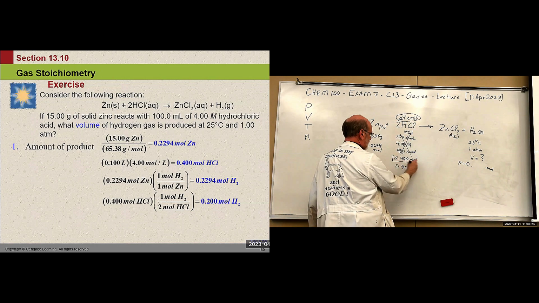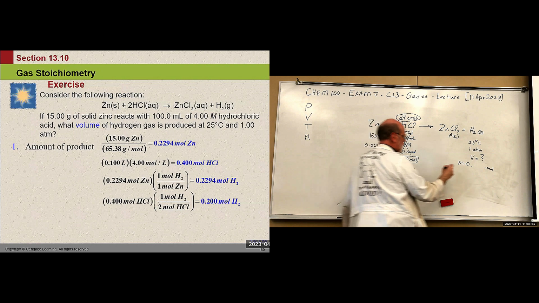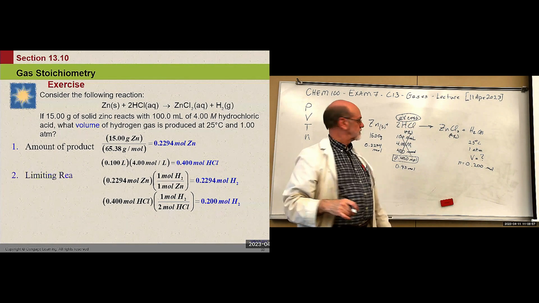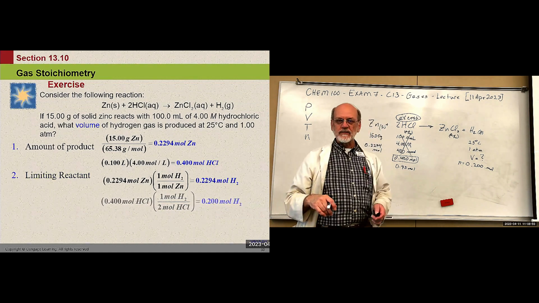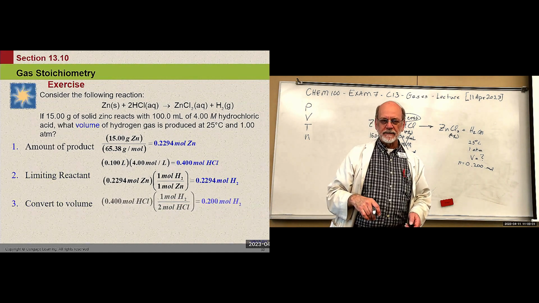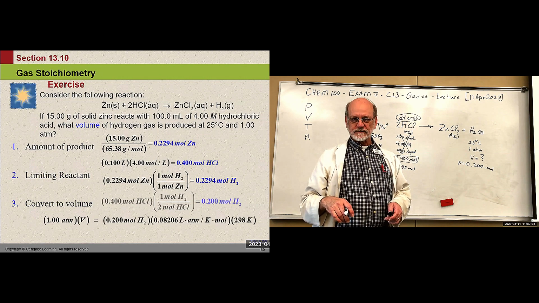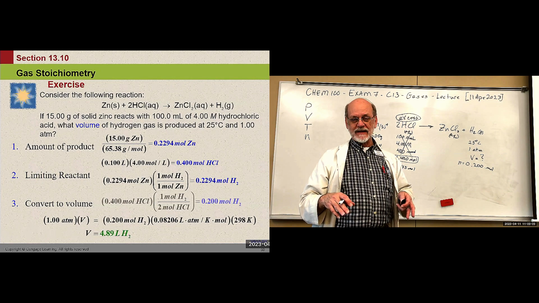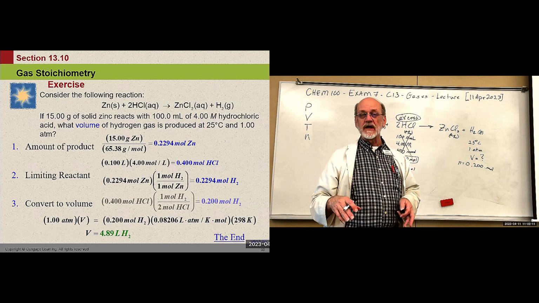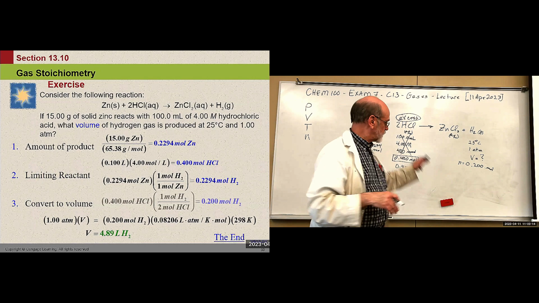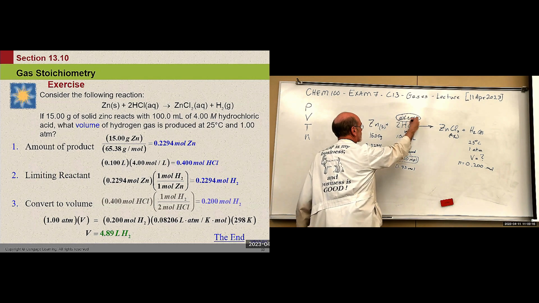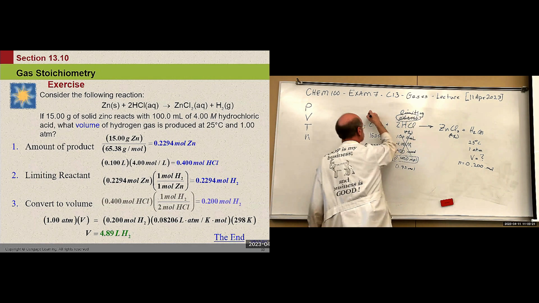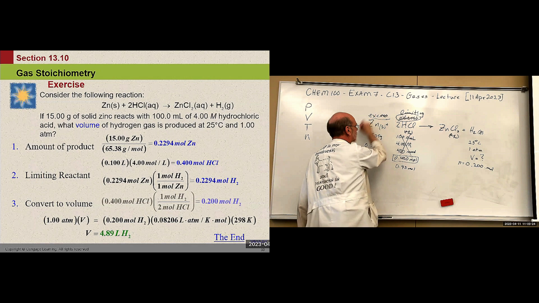So this many moles of HCl will only produce that many moles of hydrogen gas. Now we convert this to volume using the ideal gas equation. So 4.89 liters of hydrogen will result from this reaction, and this is limiting. This is excess. There you go.